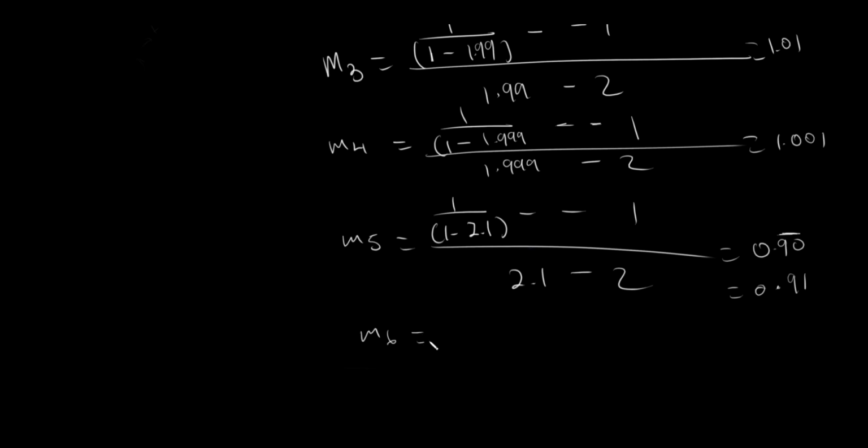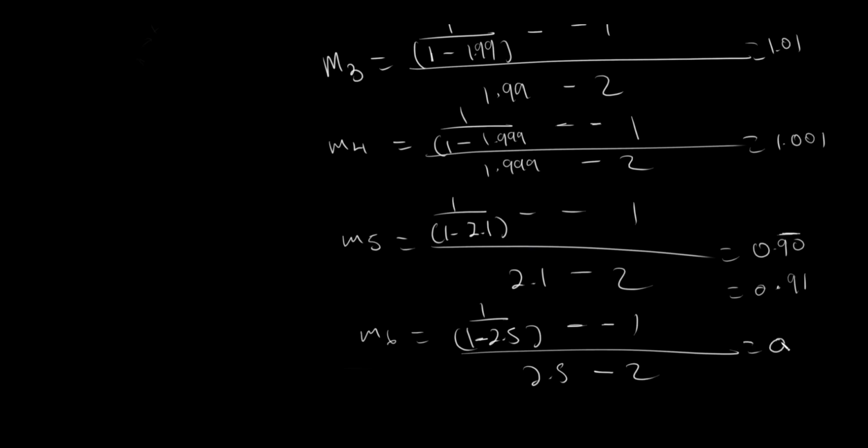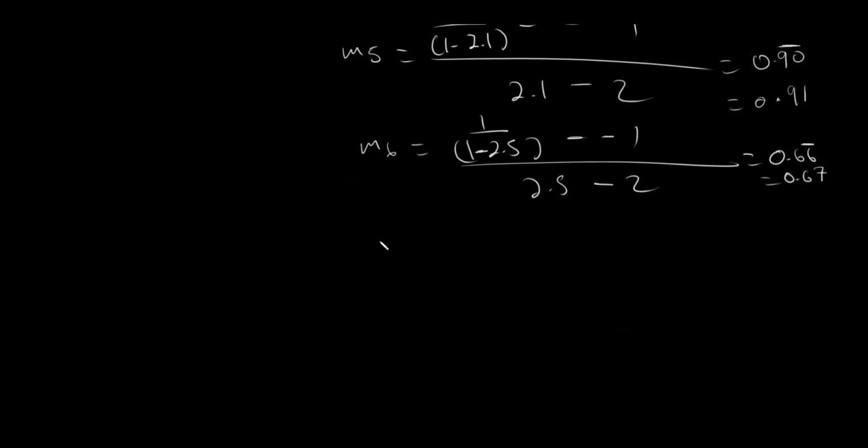So the sixth slope, 2.5 minus 1 over 2.5 minus 2, is gonna give us 0.666, so we can just approximate it to 0.67. And finally, 2.7 minus 1 over 2.7 minus 2.